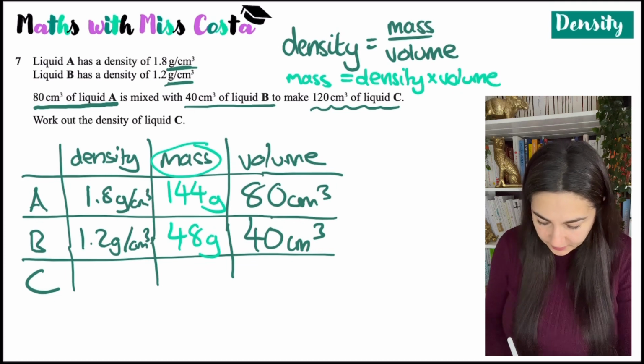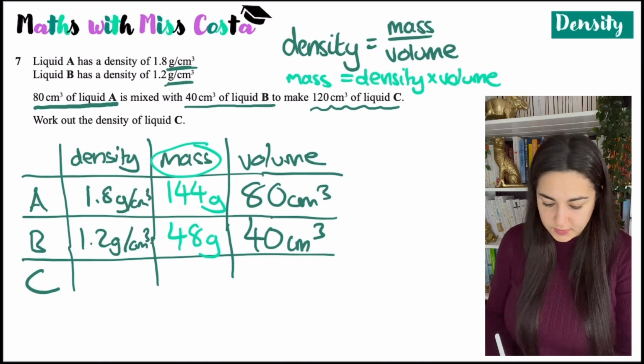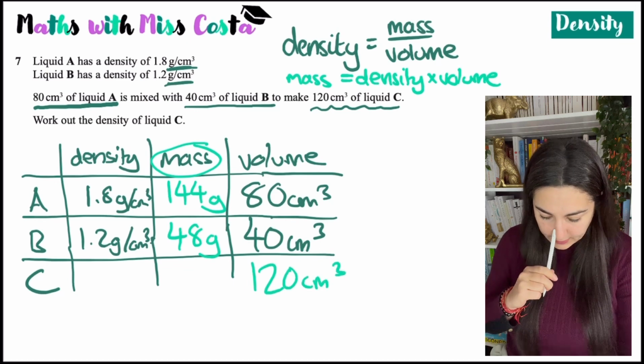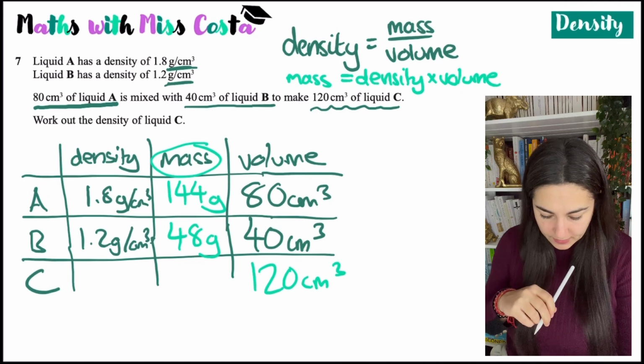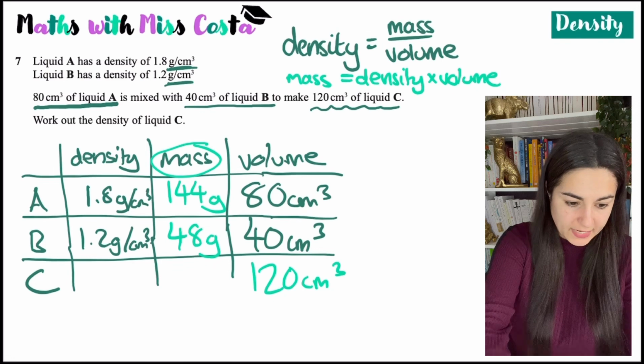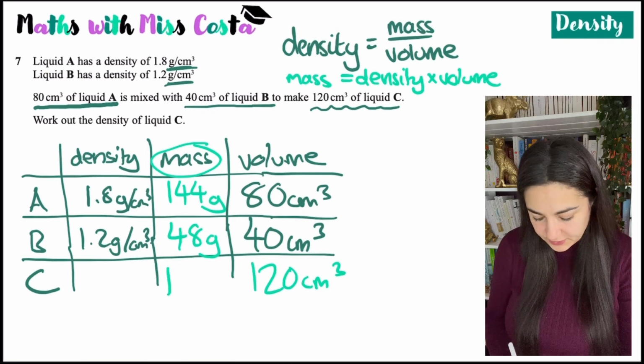Okay, so I know that the volume of liquid C is going to be 120 centimetre cubed in total, and its total mass is going to be 144 plus 48, which is 192 grams.